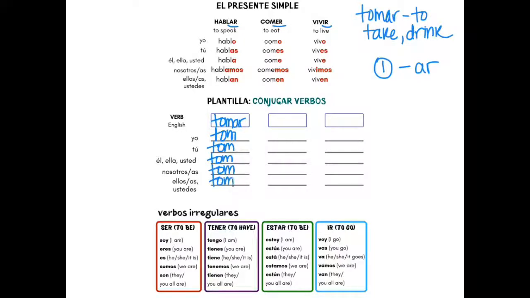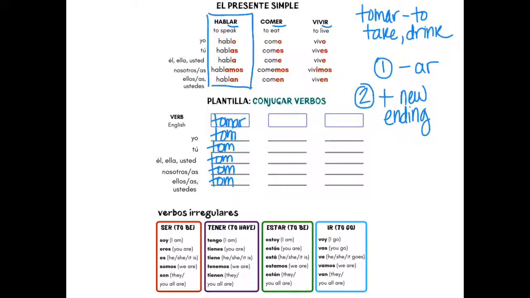And then the second part of verb conjugation is that I'm going to add a new ending. Now my new ending is going to be based off of it being an AR, ER, or IR verb. In this case, it's an AR verb.